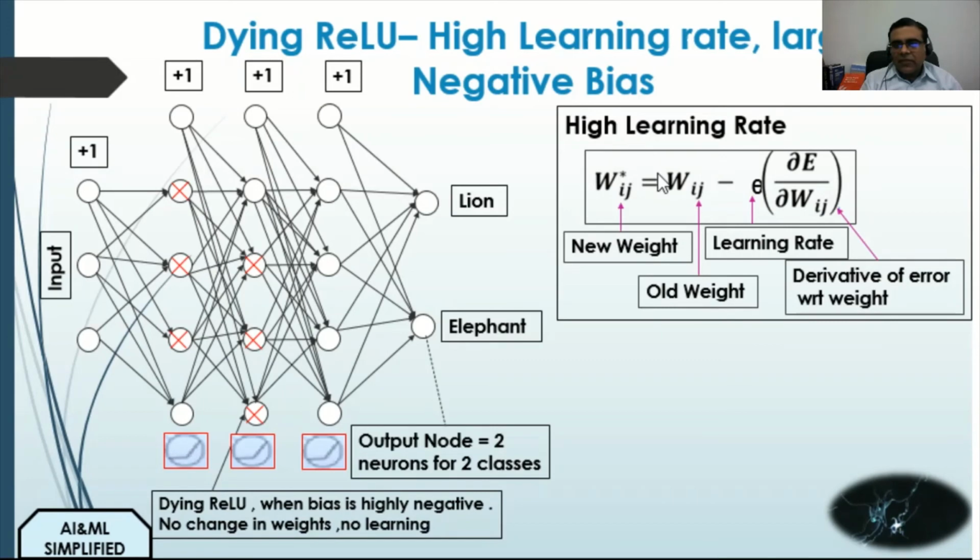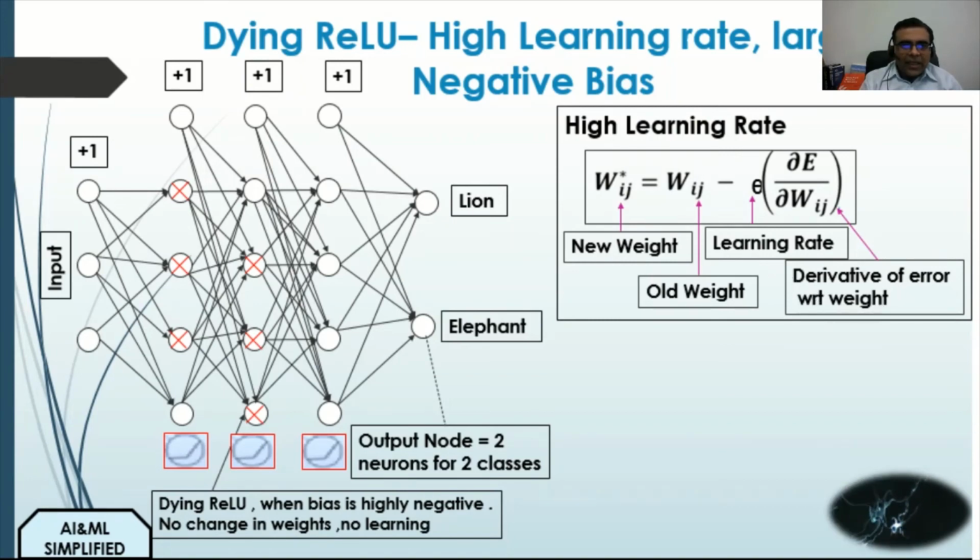In this case, during backpropagation, the weight is updated based on the earlier weight, the gradient of the error with respect to the weight, and the learning rate.